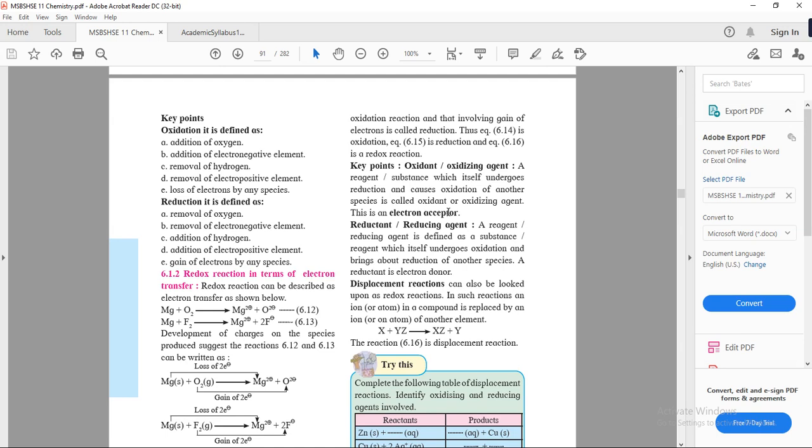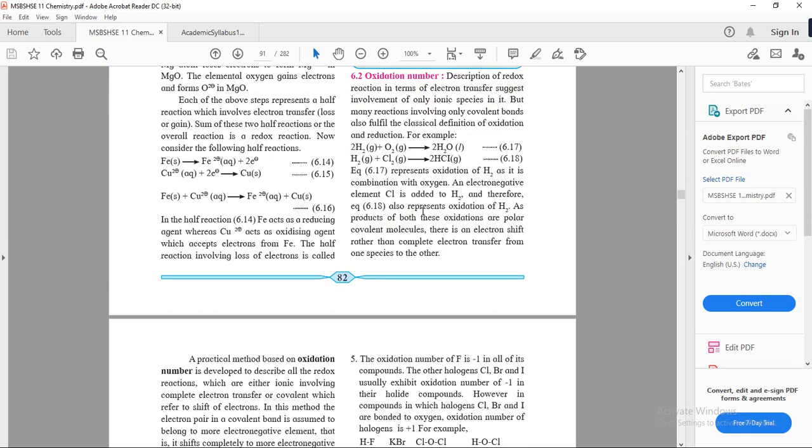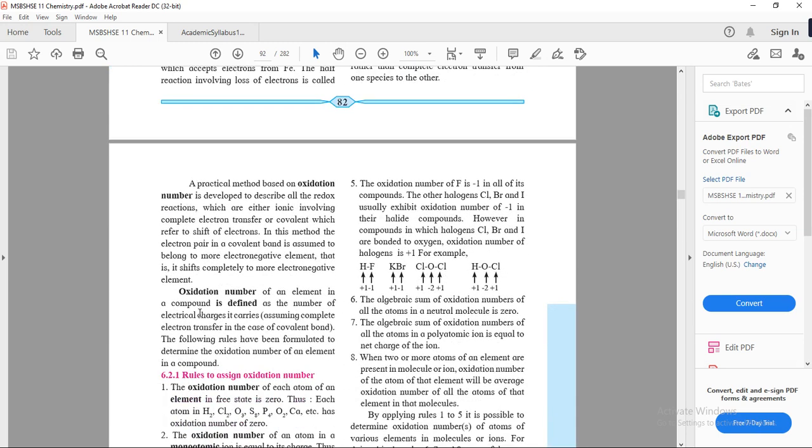Now the displacement reaction. There is an increase or decrease in charges, that is oxidation number. Now what is oxidation number? Here is the definition. The oxidation number of an element in a compound is defined as the number of electrical charges it carries, assuming complete electron transfer in case of covalent bond.